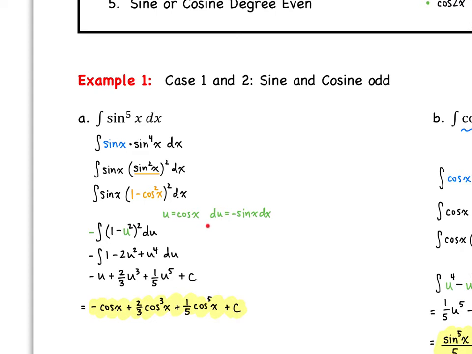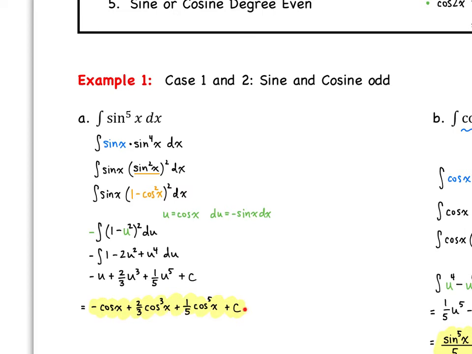Now we can use a U substitution. If we let u be cosine, then du is negative sine dx. So now this works out nicely. We're left with negative integral of 1 minus u squared, squared. So we foil this binomial, multiply that out, integrate, and finally make our substitution back for u, which is cosine of x.